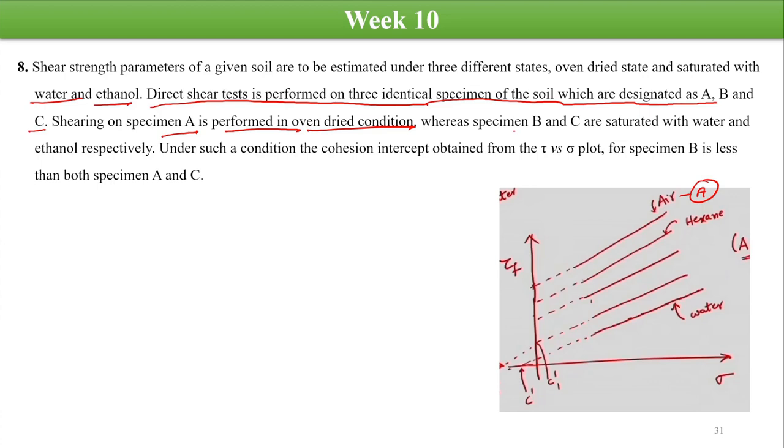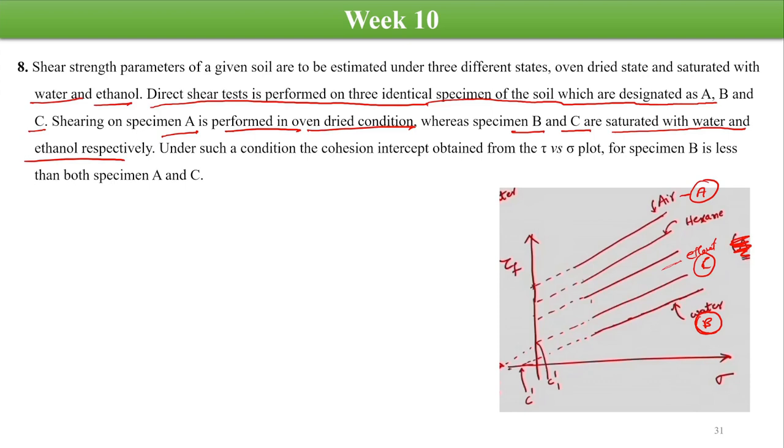Whereas specimens B and C are saturated with water and ethanol respectively. So B is the one saturated with water, and C is the one saturated with ethanol. Ethanol will lie somewhere here.